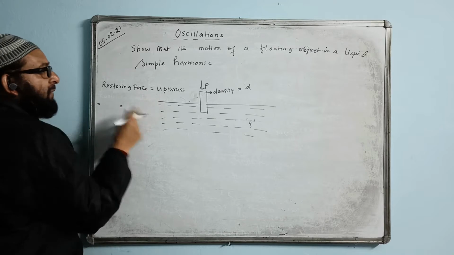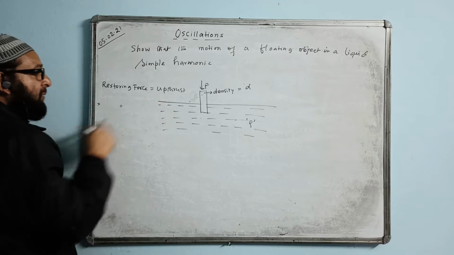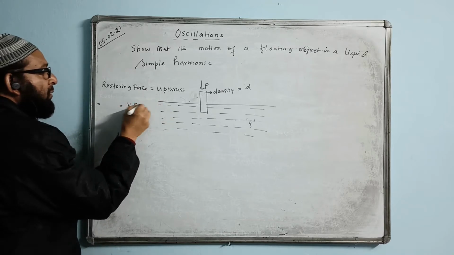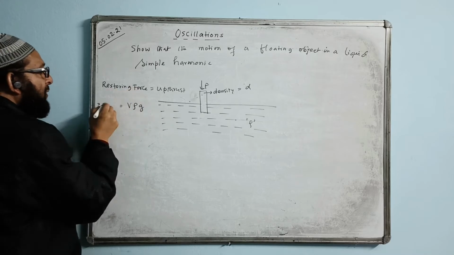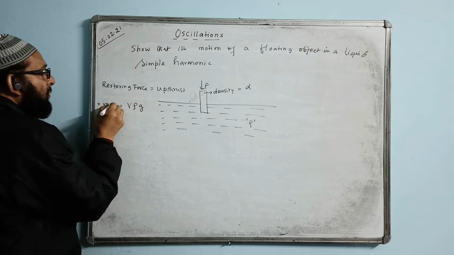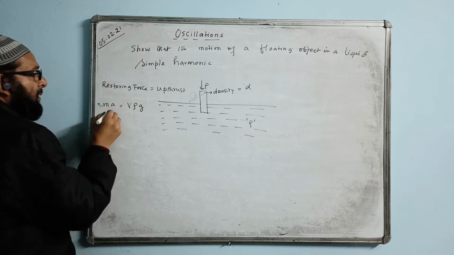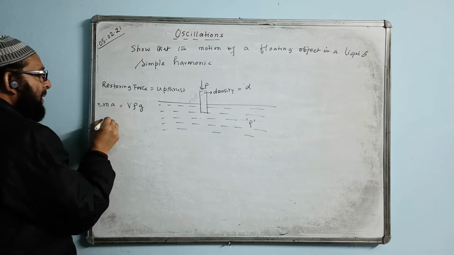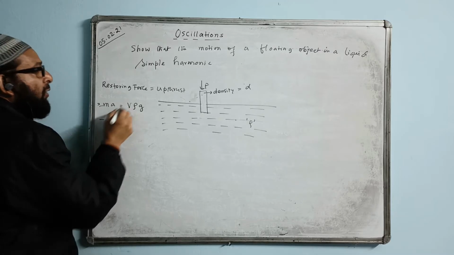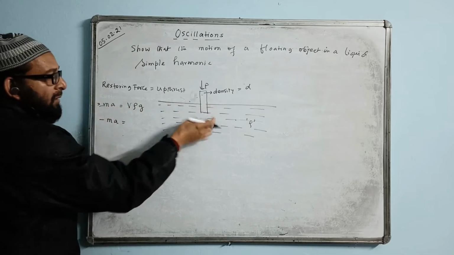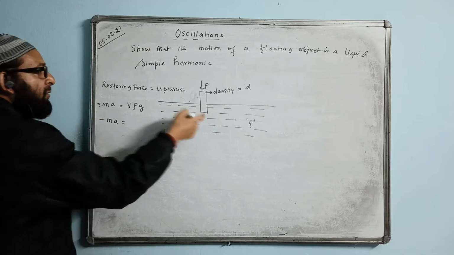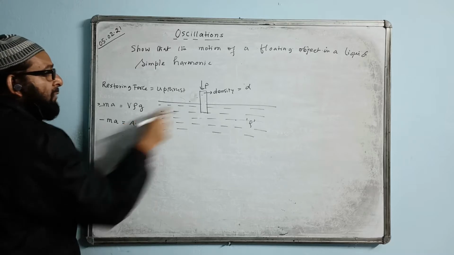And the upthrust formula, we have the weight of the liquid displaced. The formula goes like this: V rho into g. And the restoring force formula we can write as M into A with the minus sign. Now mass into A as it is. The volume of the liquid displaced will be equal to area of cross section A into the displacement.